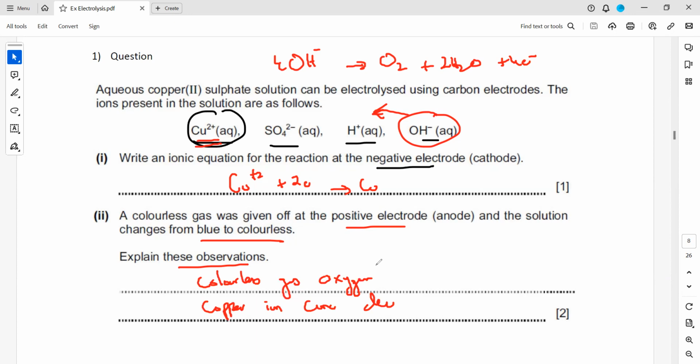That's why the solution will get colorless. If the concentration of the copper ion remains the same, then the solution does not show any color change. For example, if you do electrolysis of copper 2 sulfate using copper electrodes, in that case, the electrode will change only, but the solution has no change.